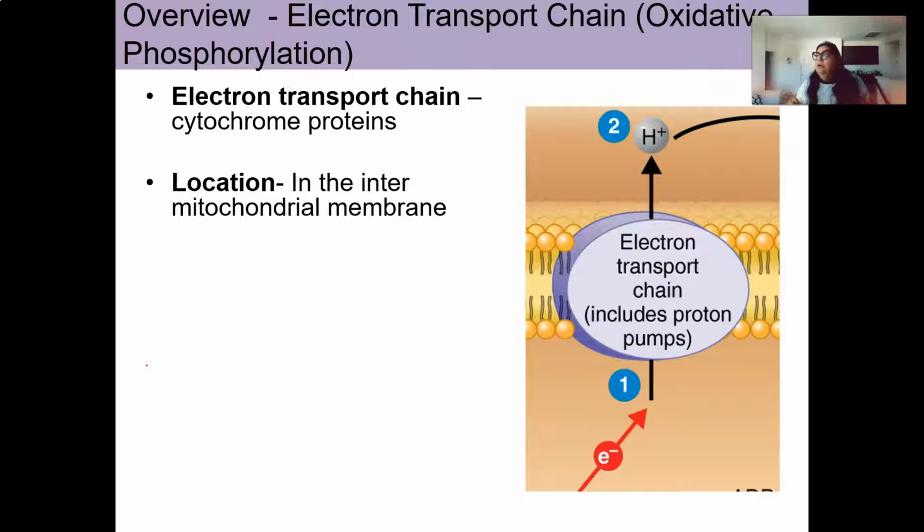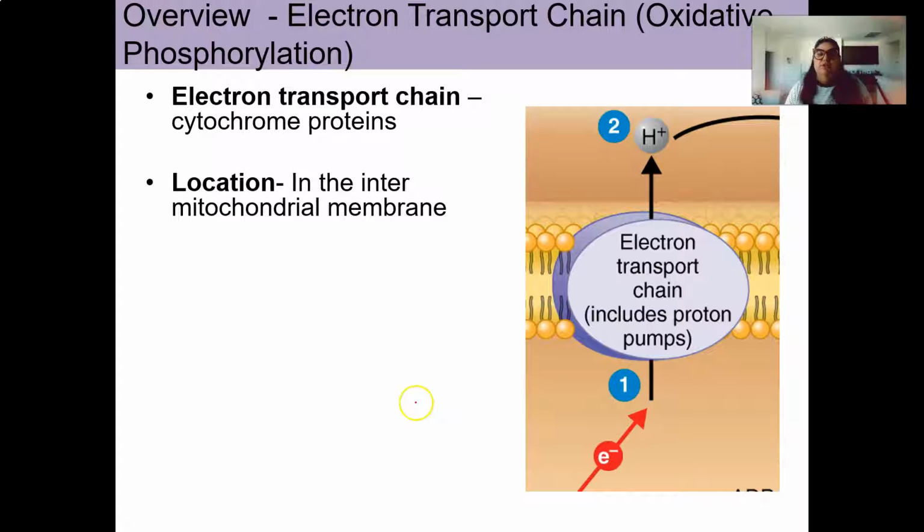Are we adding or removing? Okay, I'll let you think about that one. Okay, oxidative phosphorylation, oxidation, loss of electrons.